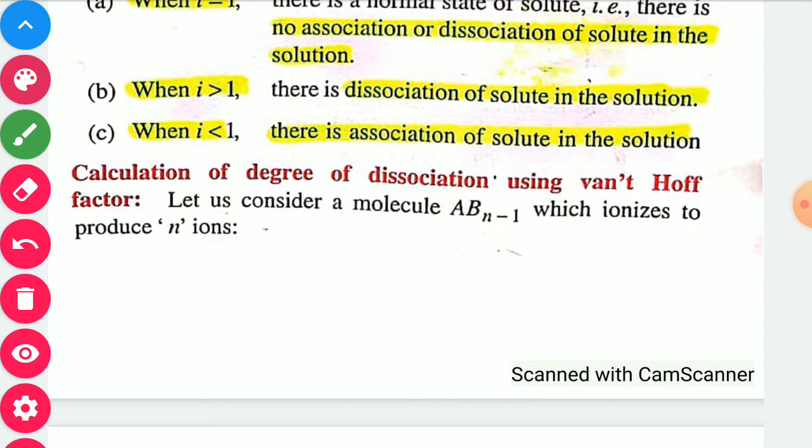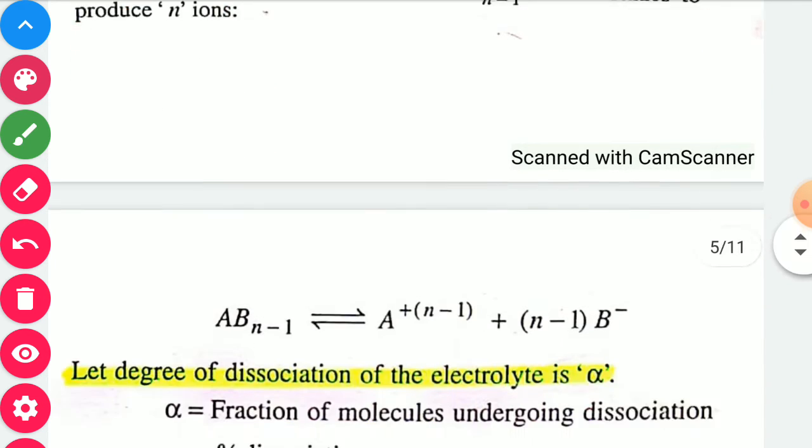Next point is calculation of degree of dissociation using the Van 't Hoff factor. Let a molecule AB(n-1) ionize to give n ions. Here the number of ions is small n.